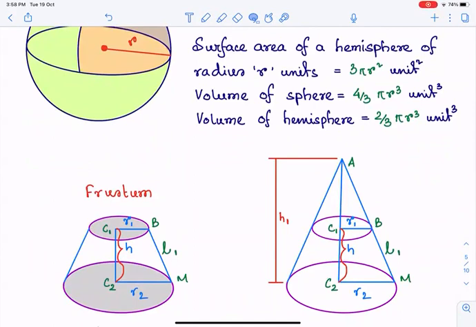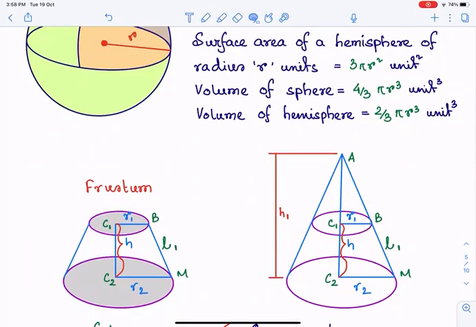The last shape that we will talk about is called a frustum. Now, what is a frustum? Like if you consider a right circular cone, and from this right circular cone, if we cut the cone parallel to the base at a certain height, then whatever is the residual shape after removing the top cone is called a frustum.